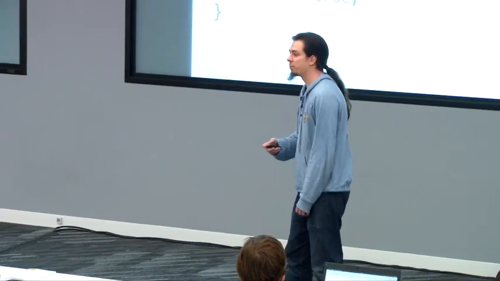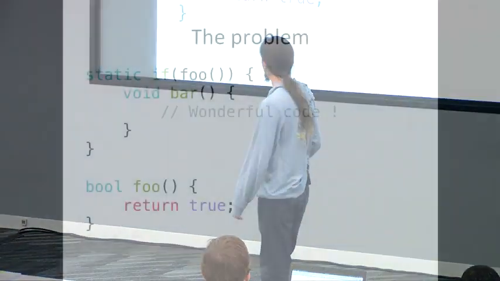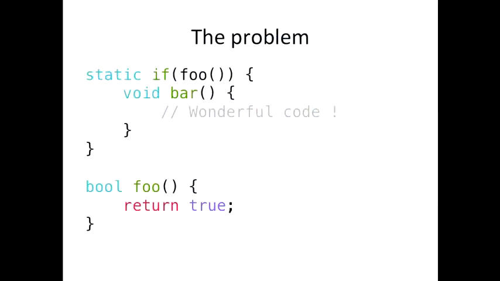Okay, so a quick explanation of the type of problem you have. This is very, very simple code. You have a function that is declared within a static if with some CTFE as the condition of the if. The usual structure of a compiler is that you have several passes, and in each pass you do a part of the processing, and then in the next pass you do the next part, and so forth.